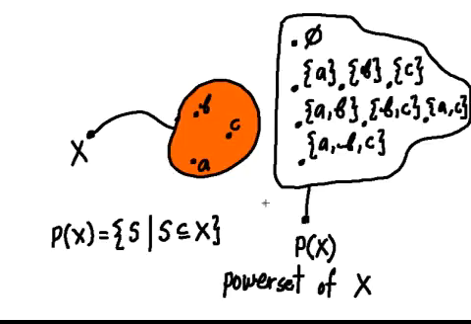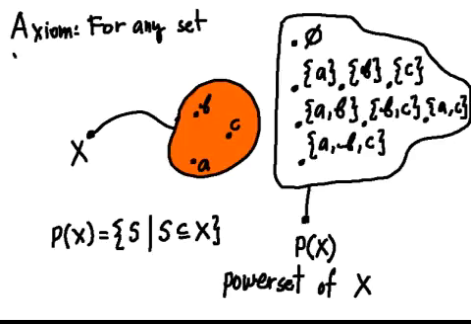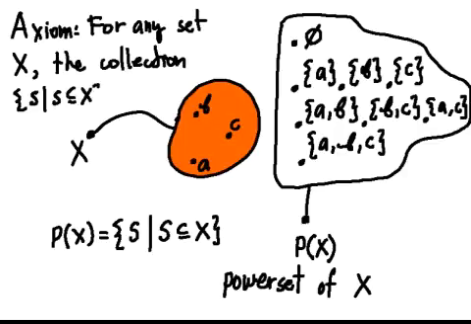Now, how do we know that the collection of all possible subsets of X, like this one here for instance, is going to form a set? In fact, we don't know that without introducing this as an axiom. And this leads us to the power set axiom, which says that for any set X, the collection of all subsets of X, in other words, the collection of all S's that are subsets of X, forms a set.